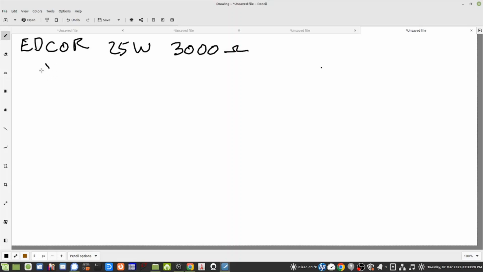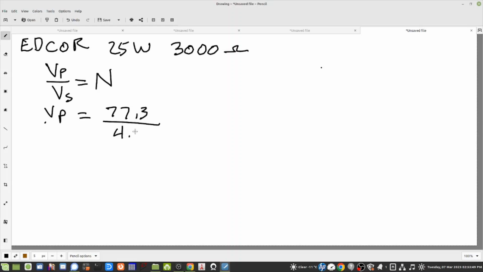Okay, so we have our V primary over our V secondary equals our turns ratio N. Our V primary was 77.3 volts, and the input voltage was 4.021.